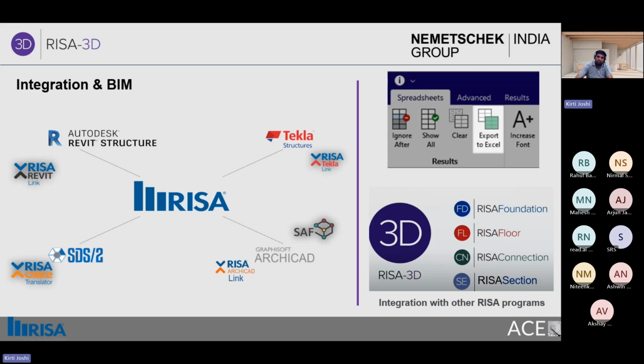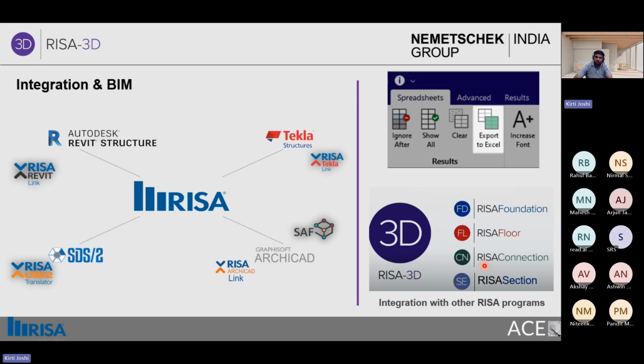For example, RISA Section allows you to create custom shapes and sections for you to directly use in RISA 3D. Also, RISA Floor, RISA 3D, the foundation, and even the connections are integrated, so they operate as one program on the same model.